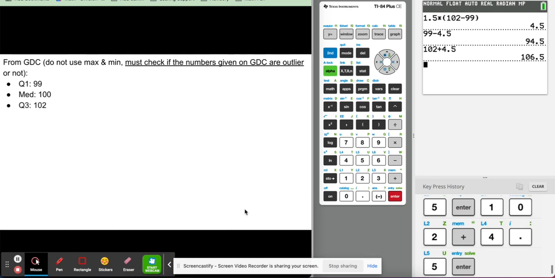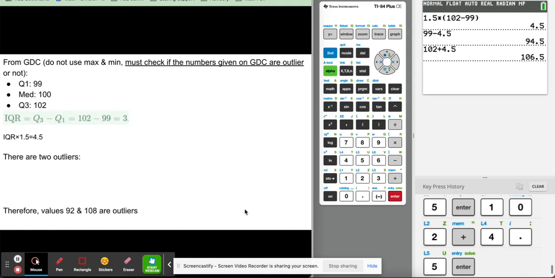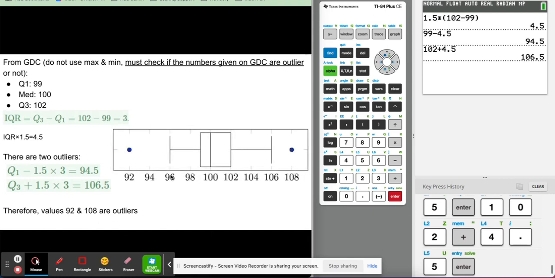So what does that look like when you create a box and whisker plot? You should always remember that your box and whisker plot needs to be on a number line. So you first place a number line going from 92 to 108. Your scale needs to be constant. We're going to put the two outliers that we've identified as dots.